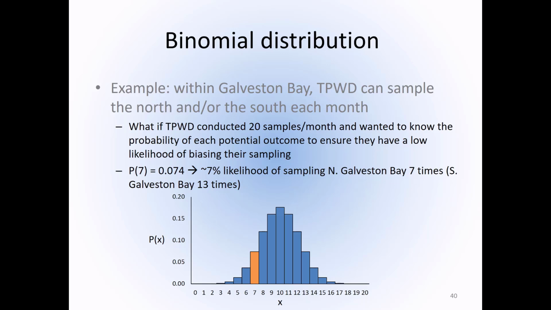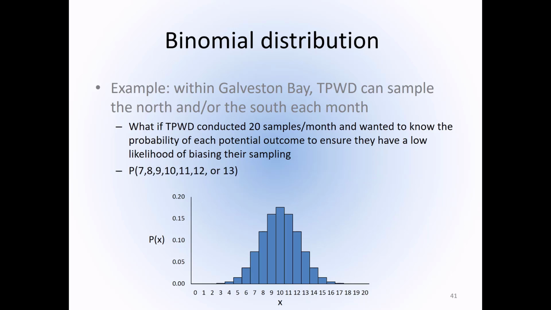is going to decrease. Let's say that we have some type of quota that we need to sample each section at least 7 times. Well, we have a variety of possible combinations that can meet this criteria, sampling North Galveston Bay anywhere from 7 to 13 times. Now the OR in the particular event of interest indicates to us that we're going to add the probabilities that we're interested in.